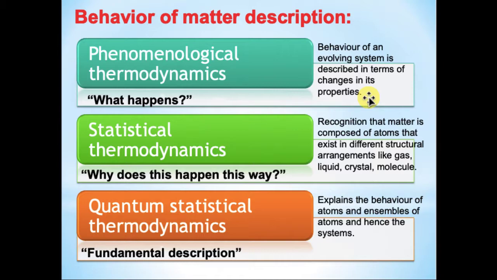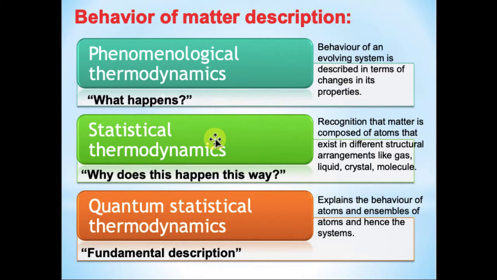This level of description contains no information about the underlying structure of matter that determines these properties. Relationships between properties are described, but there is no attempt to explain the source of values of these properties. It only answers questions about what happens.